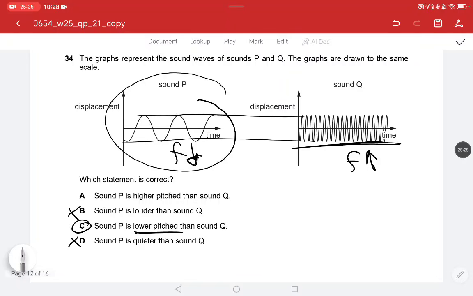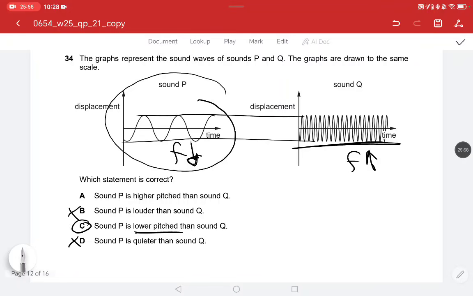C. This is lower. Okay, so again, try to practice also questions about waves, to know the frequency and the amplitude. Okay, guys, and also the types of waves, whether transverse or longitudinal. So they can ask you about refraction or compressions.